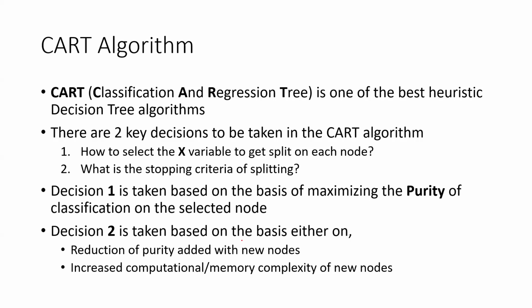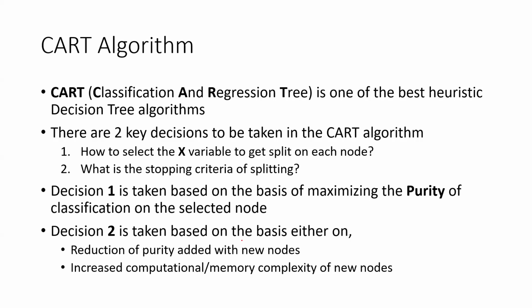So when you come to a certain state of the decision tree, then you have to decide whether you should continue splitting the tree and grow it more, or whether you should stop adding new nodes and splitting. And that is the second decision that you have to make during this CART algorithm.